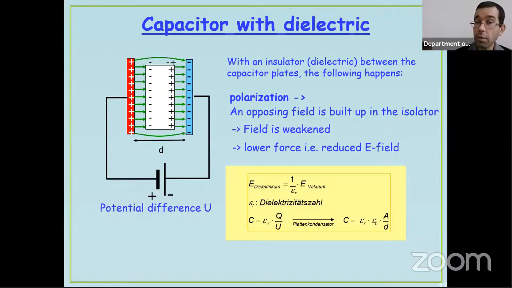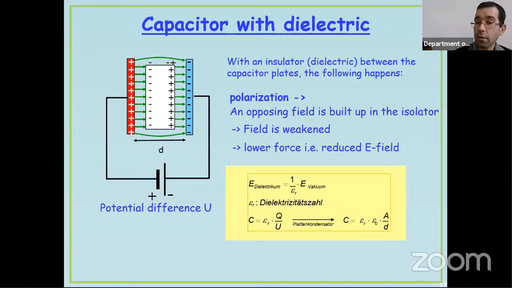Here you see what I mentioned: what happens if we replace the vacuum, the free space between the two plates, with a material. Then a polarization occurs in this material due to the external electric field. And that's the reason why we need to put here, instead of epsilon 0, the permittivity of the given dielectric material.